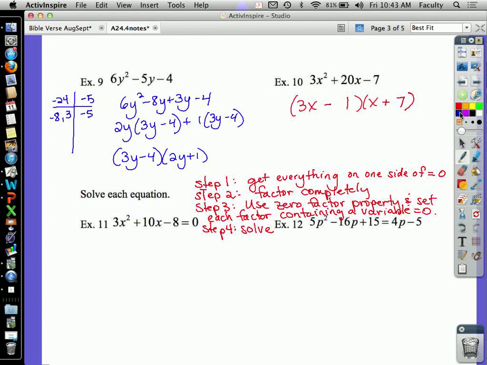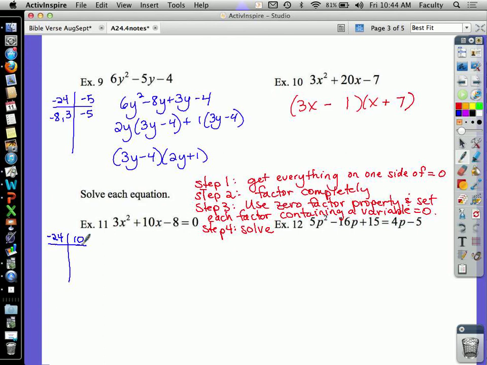So let's do the AC method on this one, because step 1 is already done, right? Everything's on one side equal to 0. Step 2 is factor completely. 3 times negative 8 is negative 24, and I want it to add up to 10. So you have to stop and think.